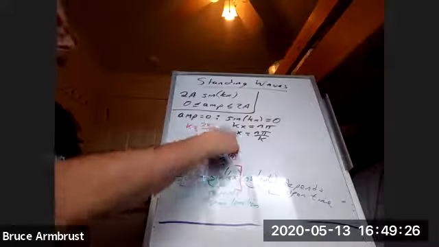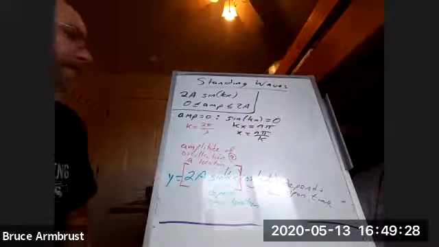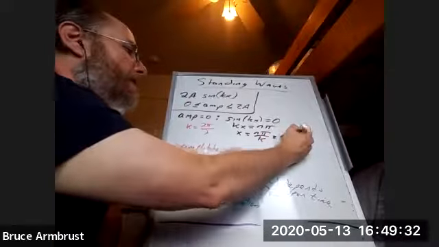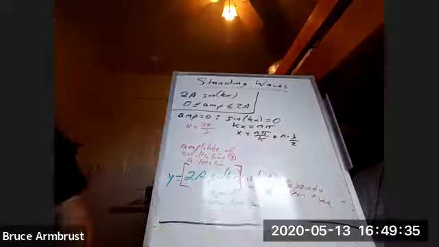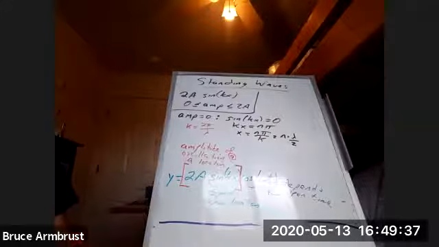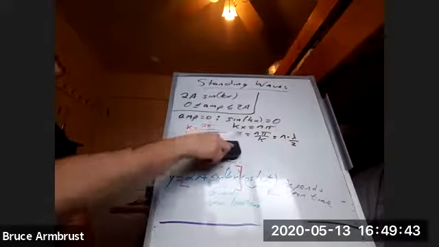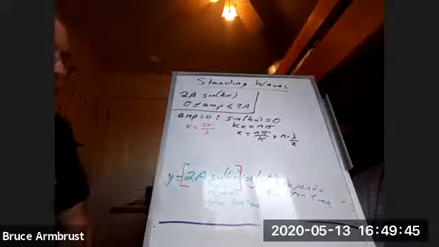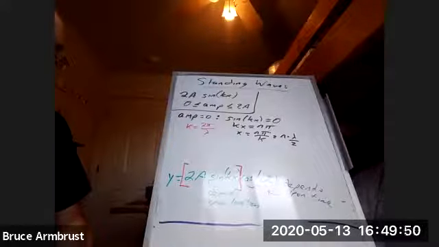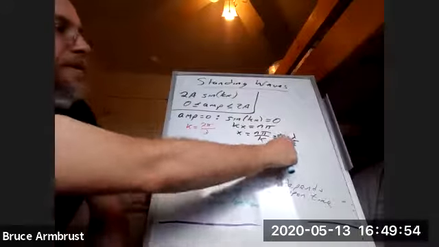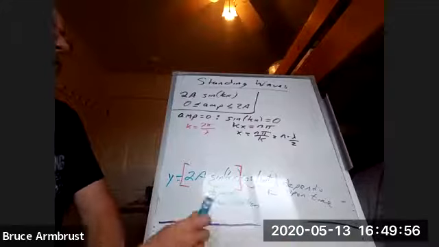If we put that in for k, the pi's cancel, and we get n times lambda over 2. And so this is the big result. If you look at these places, notice that they are all multiples of half the wavelength.